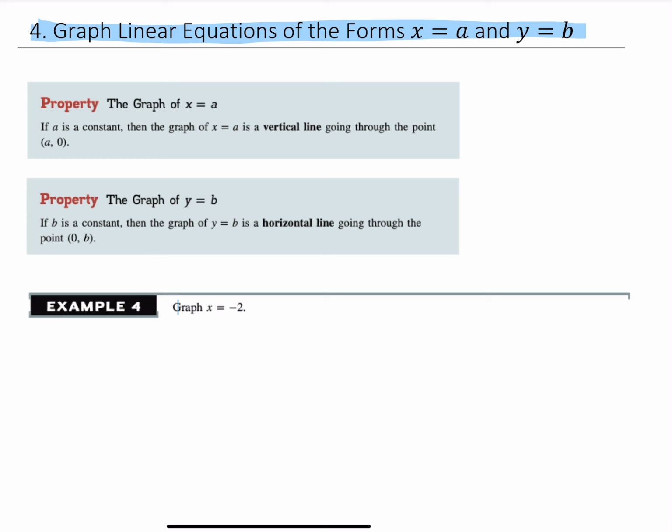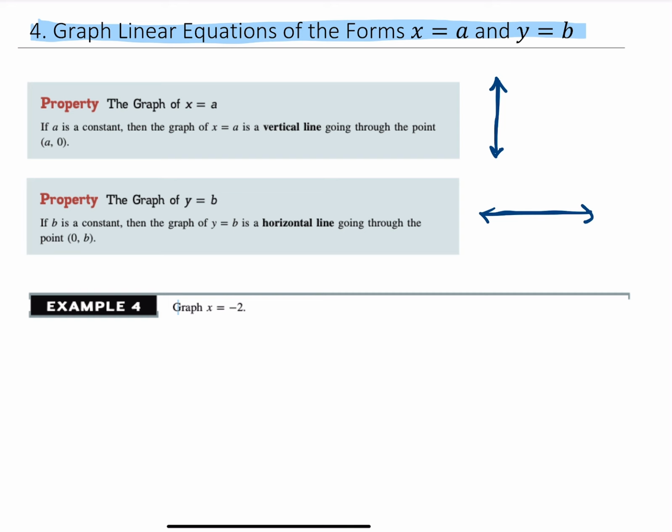So vertical meaning it will look something like this. And if our line just looks like y equals something, it's going to be a horizontal line, because the y value will always be the same, and then it doesn't matter what x is. We saw something like this in terms of a table in our last video.